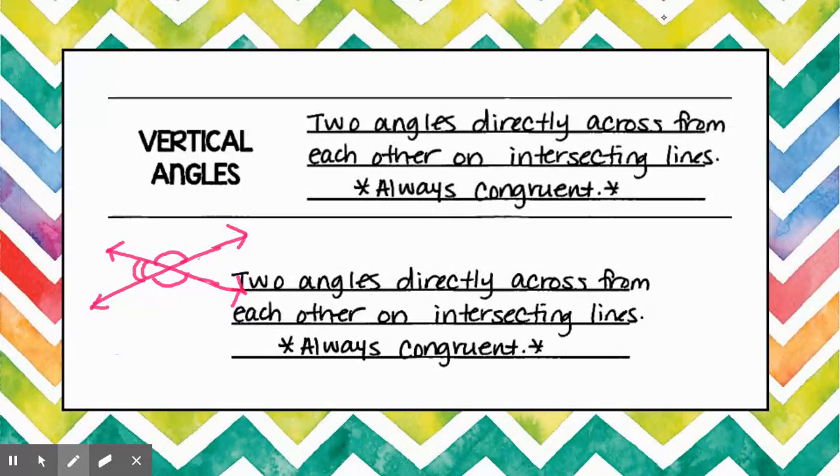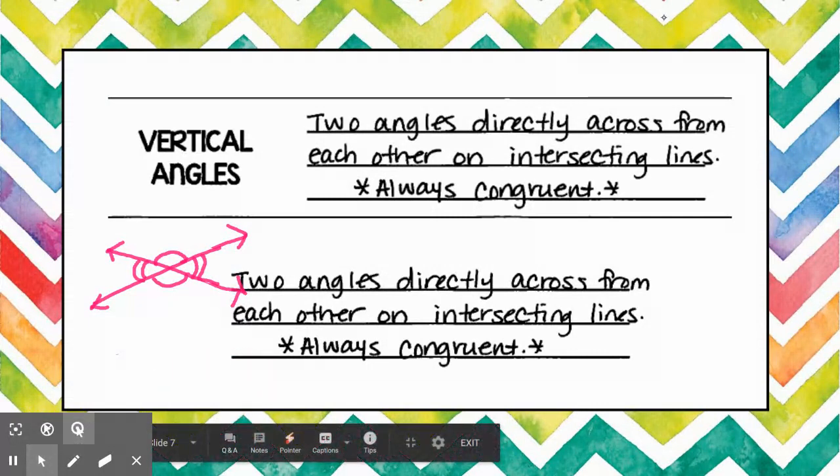And these two arches, it is congruent to this other one. That's another way to remember, like an X. It looks like an X. These are the vertical angles. Try to remember them. So yeah, that's it for today for this example.